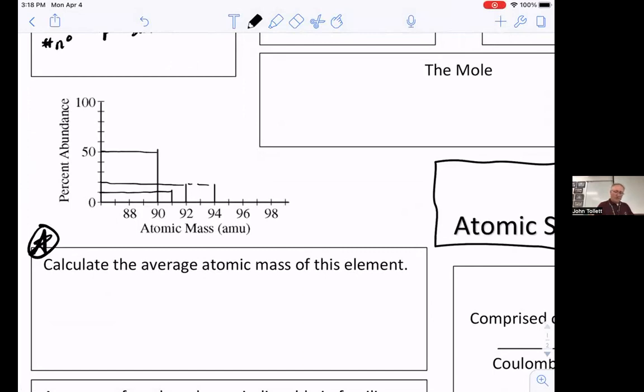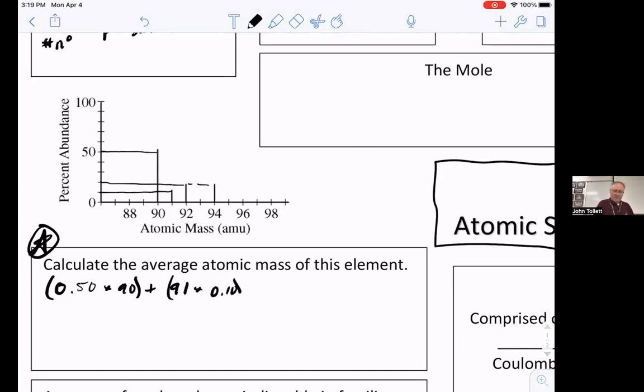What I would do is multiply their percents times their masses. So I have 50%, which is 0.50, and I'm going to multiply that times the 90, and then add to it the other masses. I've got one that's 91. I'm approximating that percentage to be about, let's say, 10%.